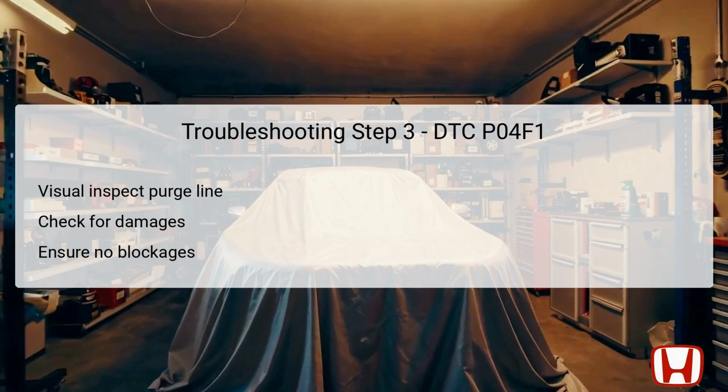It's also essential to check that there are no blockages within the line, as any obstruction can lead to low or zero effective purge flow, directly contributing to the P04F1 code being generated.